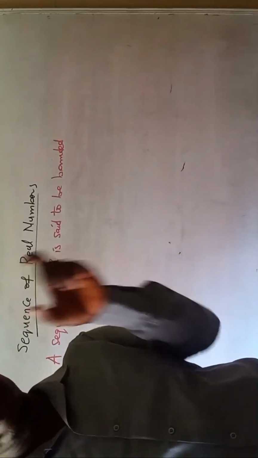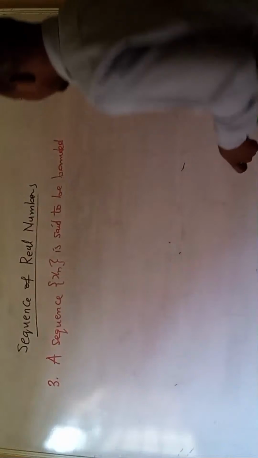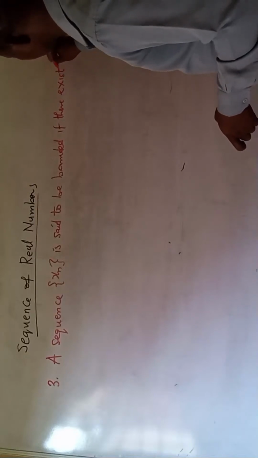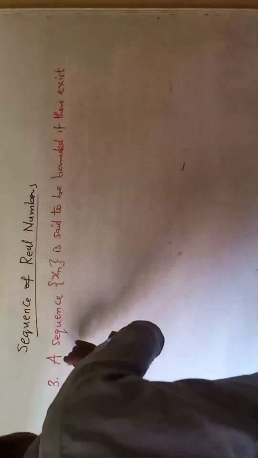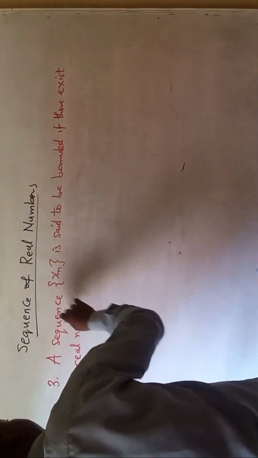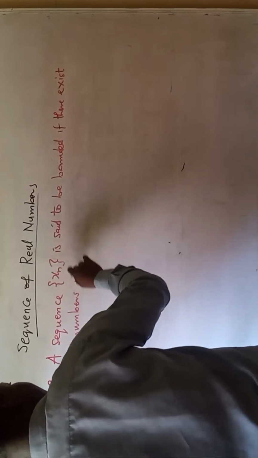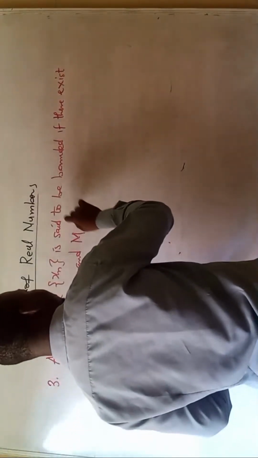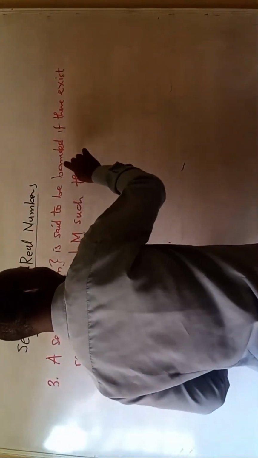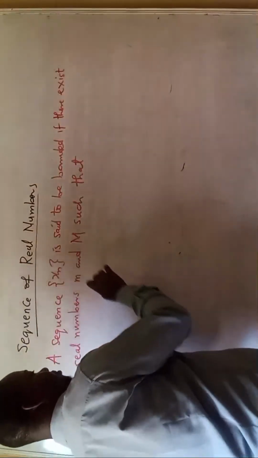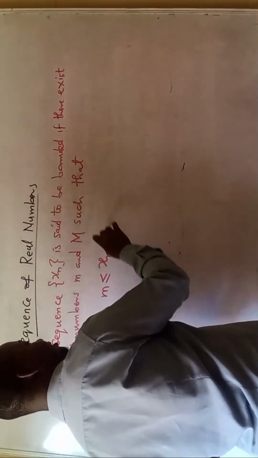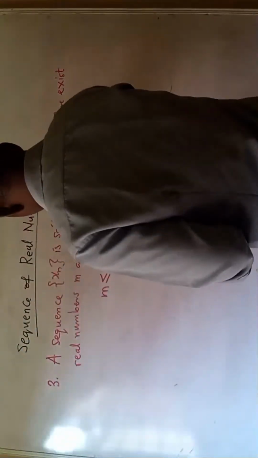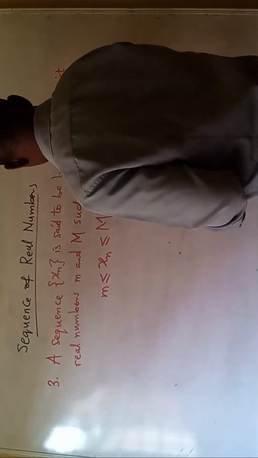The sequence xn is said to be bounded if there exist real numbers m and M such that the small m is less than or equal to xn, which is less than or equal to capital M, for each n in N.